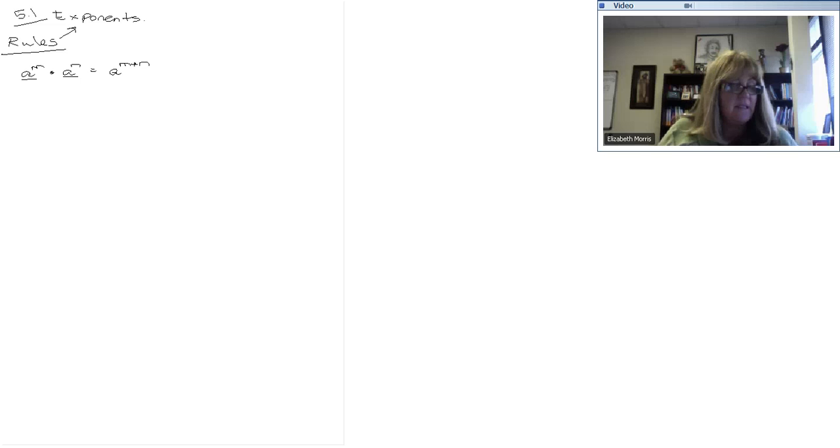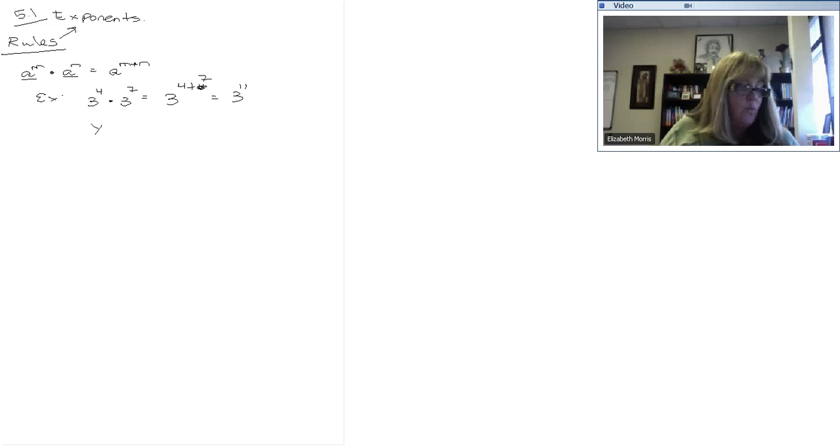For instance, if I had 3 to the 4th times 3 to the 7th, the bases are the same, so I can add the exponents and make it 3 to the 11th.